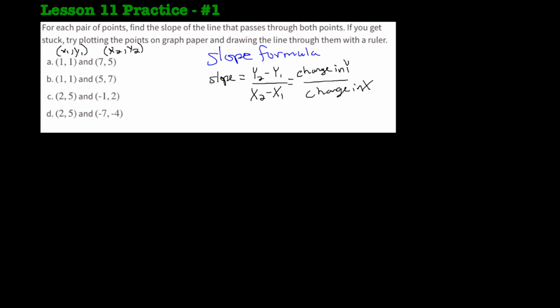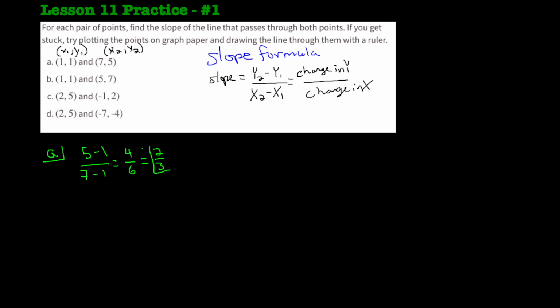But what I'm going to do is this. I'm going to say, okay, let's do, so for part A, I can figure it out. I'm going to have 5 minus 1, and I have 7 minus 1. This helps me build my slope. So I'm going to have 4 over 6, which is the same as 2 over 3.